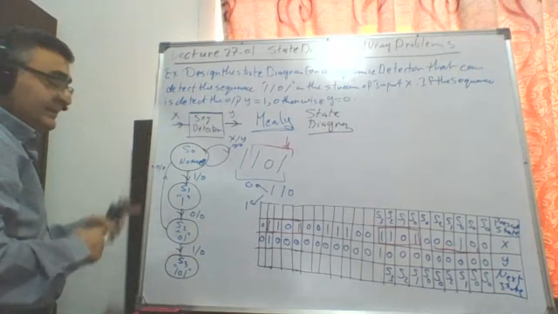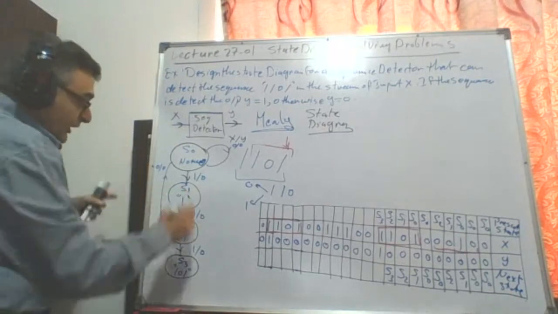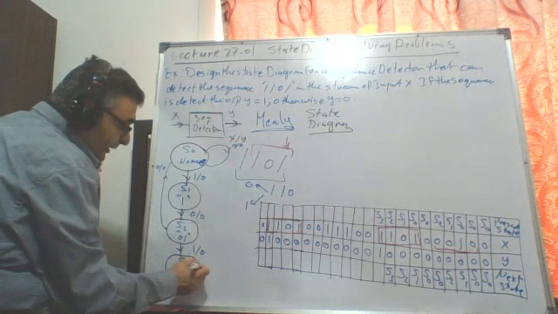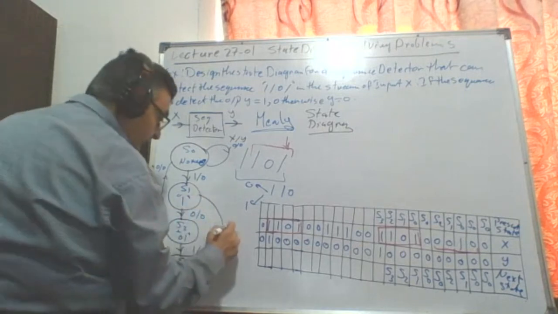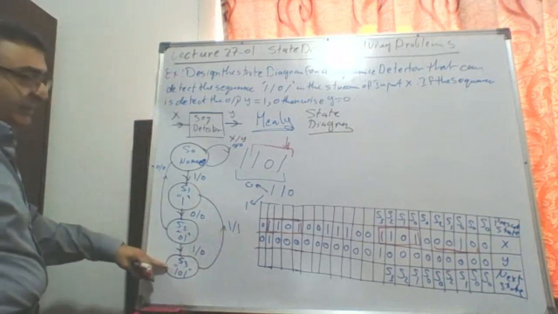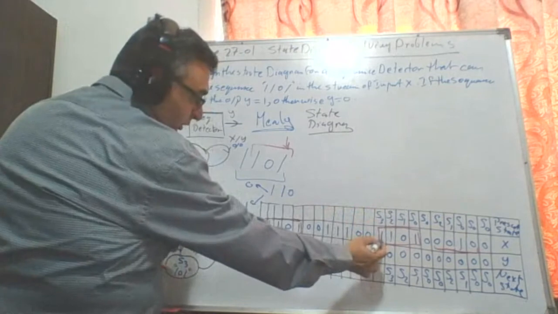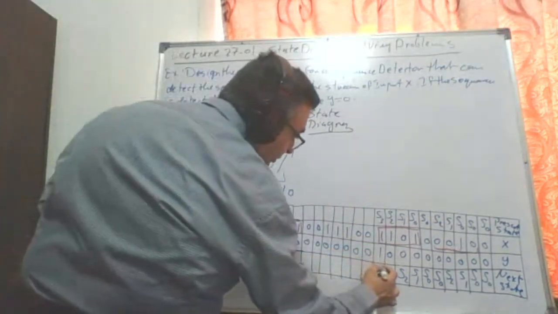So where to go? Where is the state where you can remember only one? This is actually S1. If you get 1 here, with 1 here, you have the output is 1. If I am in state S3 and X is 1, and Y will be 1, and I have to go back to S1.